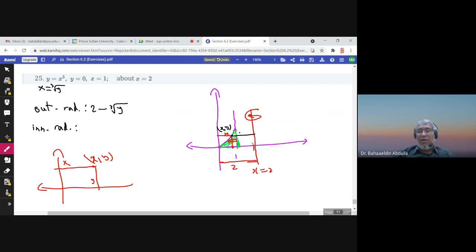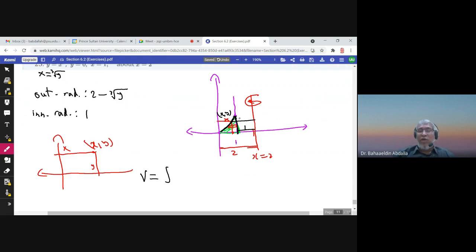The inner is from here to this line. This is 1 and this is 2. So the inner is also always 1, it has length 1, because this is the region. So in this case, this is the outer curve and this is the inner curve with respect to the line x equals 2. So what is the volume? y runs from where to where? We need to find this point. It is 1, yeah?